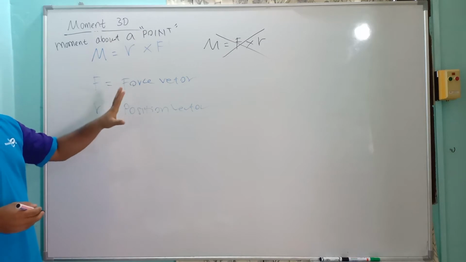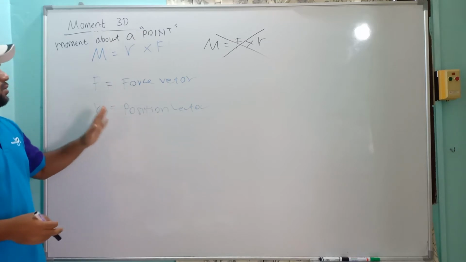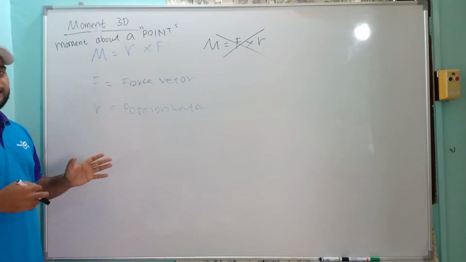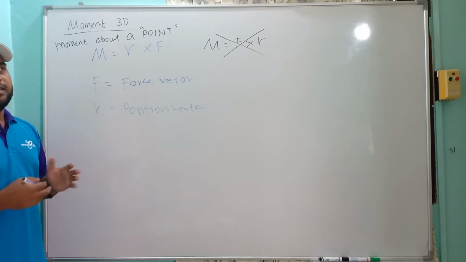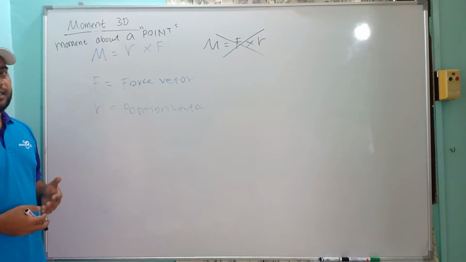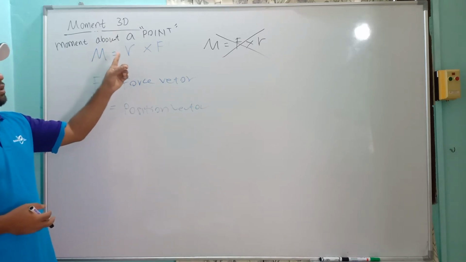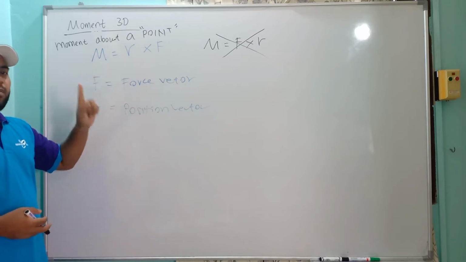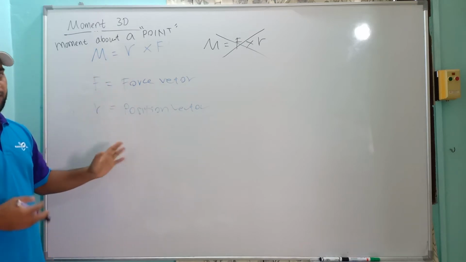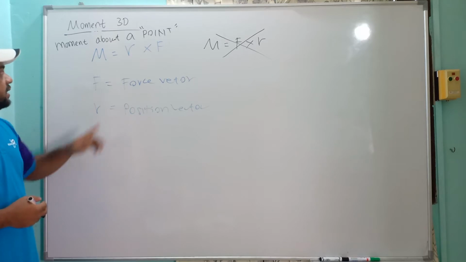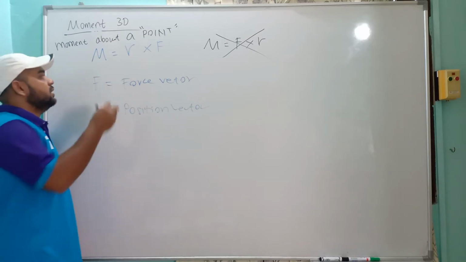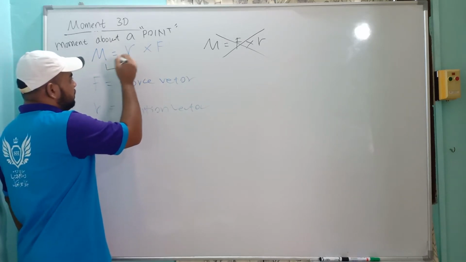F is the force vector in i, j, k, and R is also a position vector in terms of Rx i plus Ry j plus Rz k. This is moment about a point. Later on, we will go to moment about an axis. The resultant of the moment about a point is still a vector.